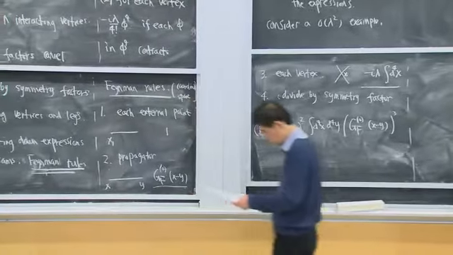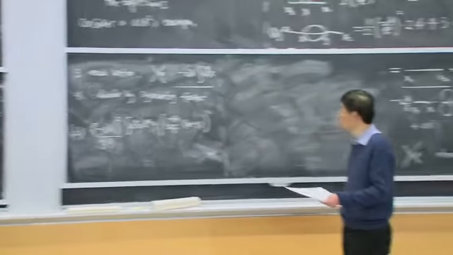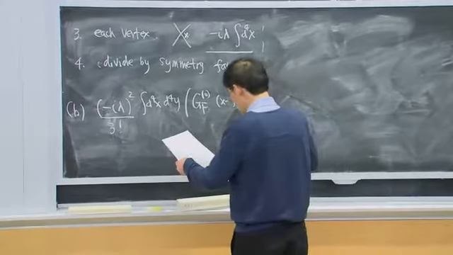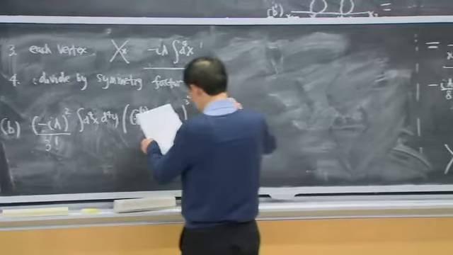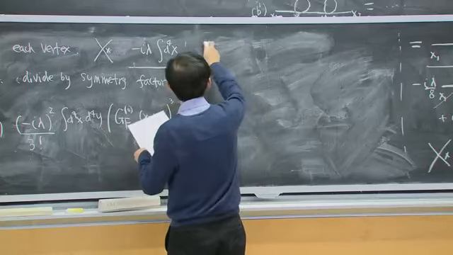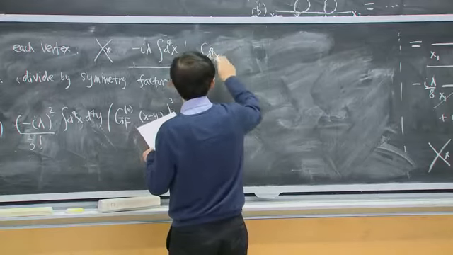It's also convenient to go to momentum space. So to go to momentum space, we can define the Fourier transform.